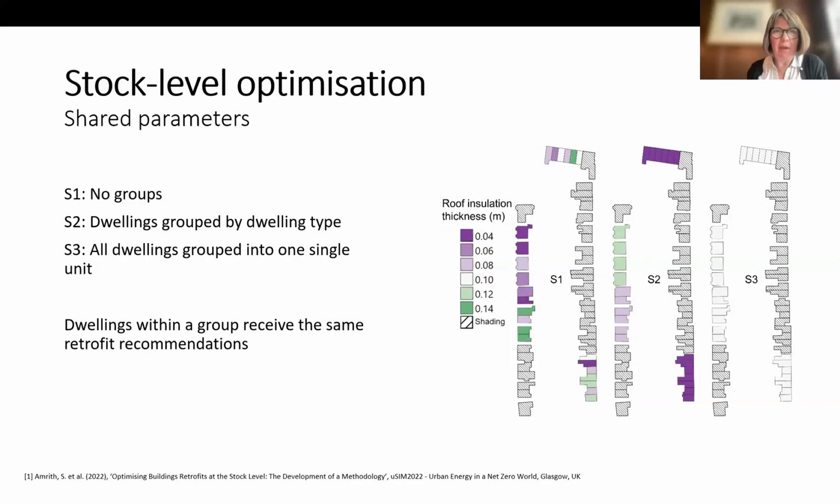Thanks, Shyam. The next question is, would the challenges in optimizing retrofit strategies be similar for commercial, residential, and mixed buildings? Yeah, that's an interesting question. My main focus has been on the residential stock for my study, but I suppose the main difference I can see between the residential and commercial stock is that you have even more variation in the commercial stock.